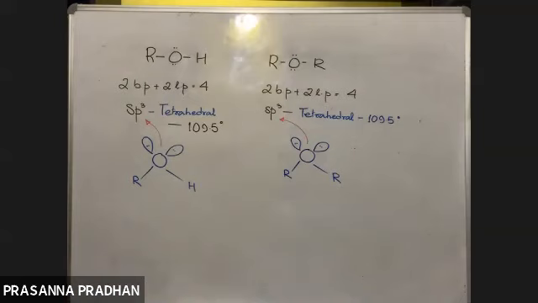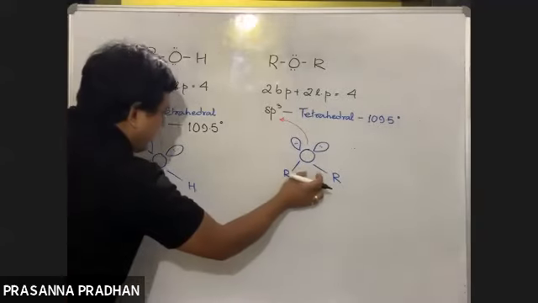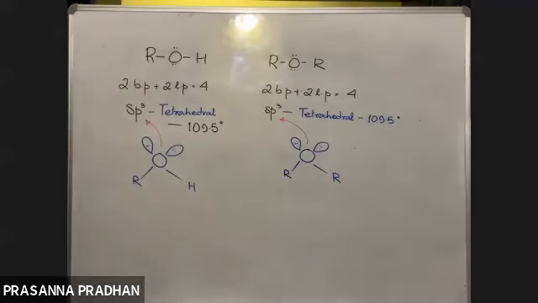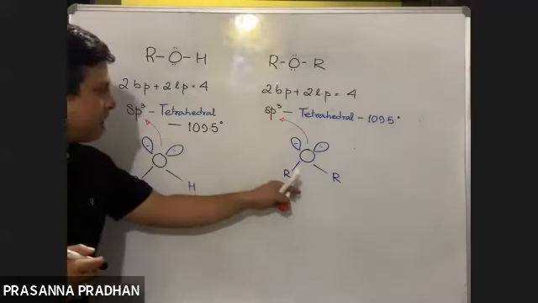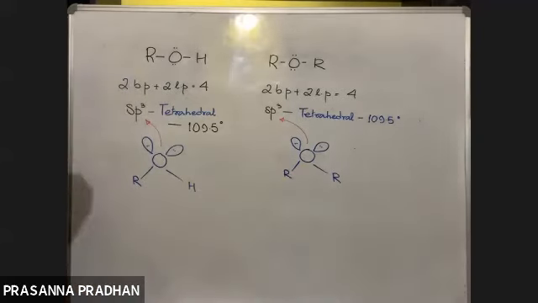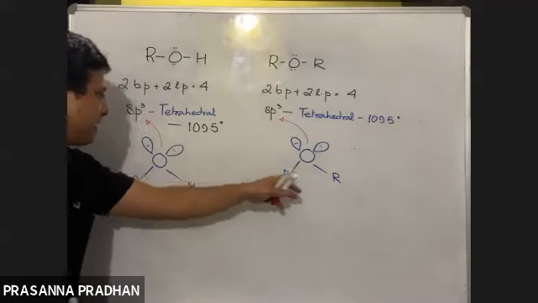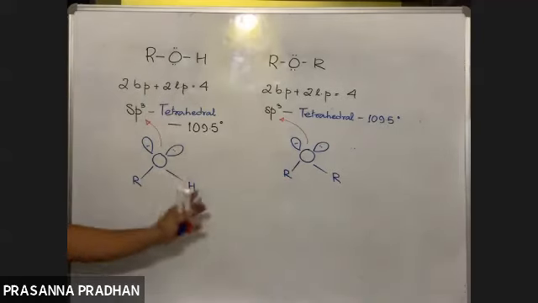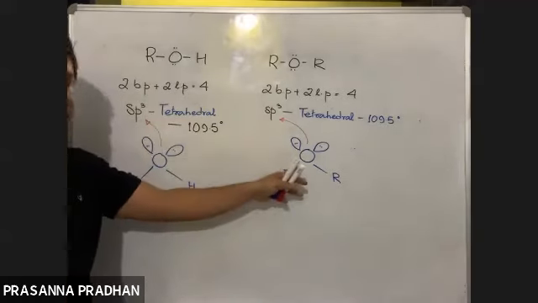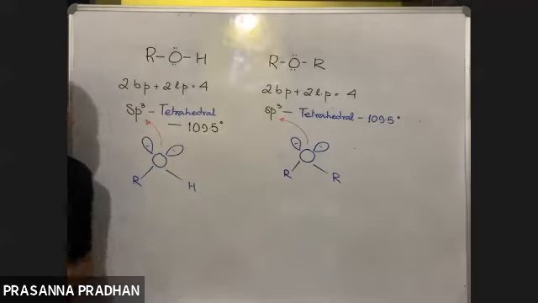So in case of ethers, the bond angle is slightly greater than that in alcohol. Why is the bond angle in ethers slightly greater than that in alcohol, although both are sp3 hybridized? There is a difference in bond angle.